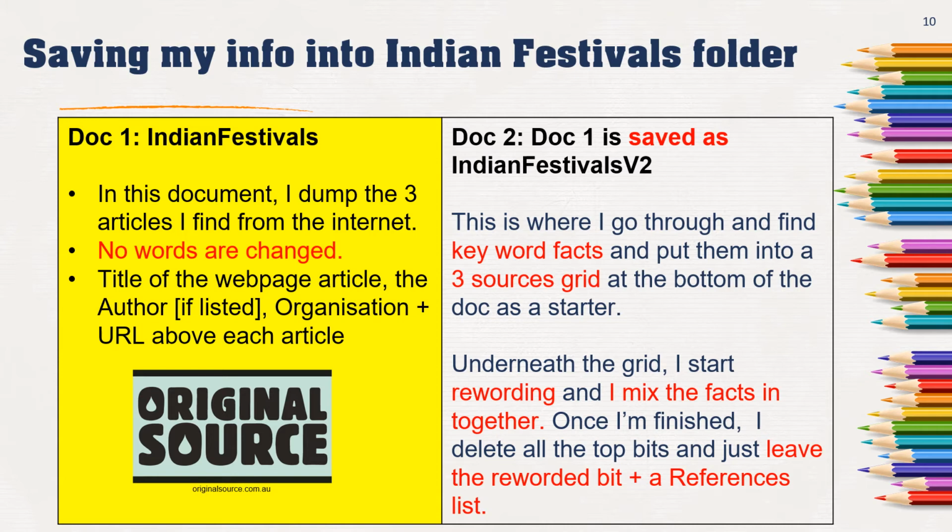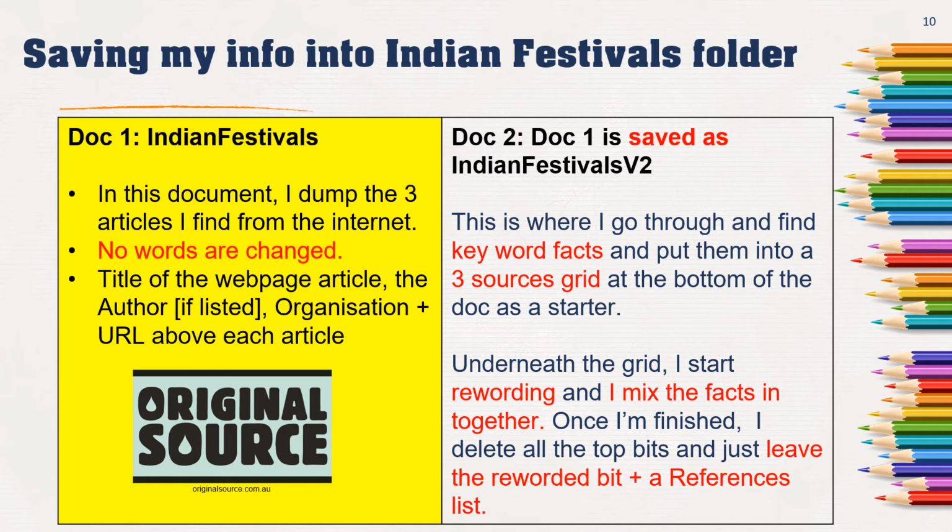Now, the next thing I do is I save Indian Festivals as Indian Festivals V2, which means version 2. So now I've got a second version. Now, at this point, I print out the Indian Festivals document because I want to make sure that I have really changed the words a lot when I do my assignment.